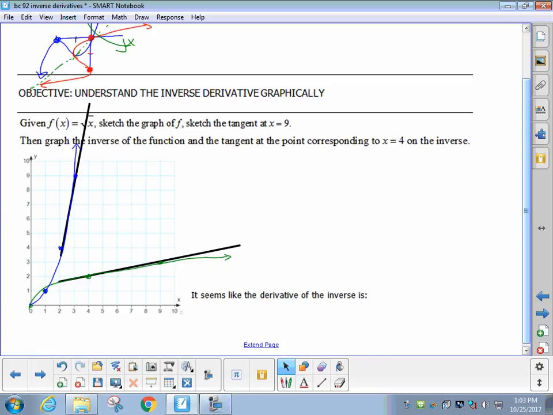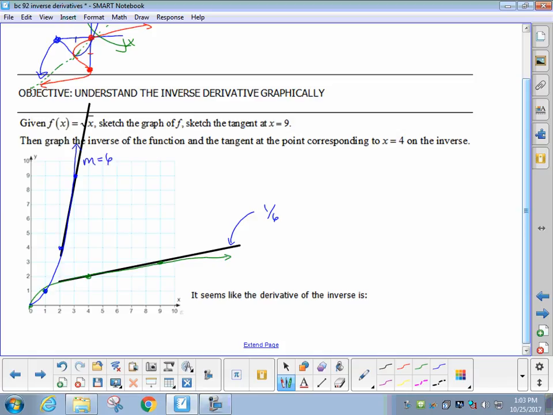Now, the idea is to start to see, when you take a derivative of an inverse, what happens? It surely has something to do with the original. Well, let's talk this slope. We said this slope is 1/6. What does this slope look like? Is it negative 6 over 1, which would make sense, perpendicular? No, it's not. What is it? It is 6.